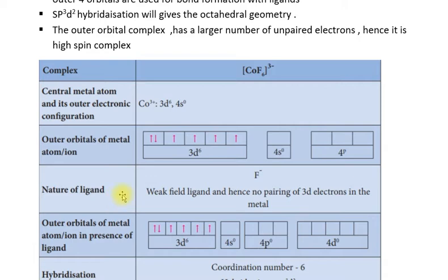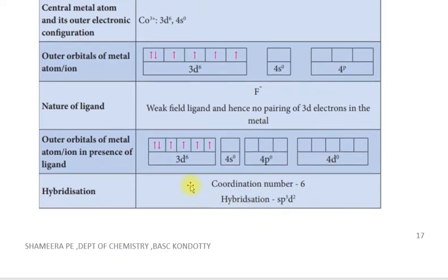Anyway, the ligand is a weak field ligand. Therefore no pairing of 3d electrons in the metal will take place. So we want to consider the 4d orbitals also. Only if we consider these 4d orbitals can we coordinate the 6 ligands.